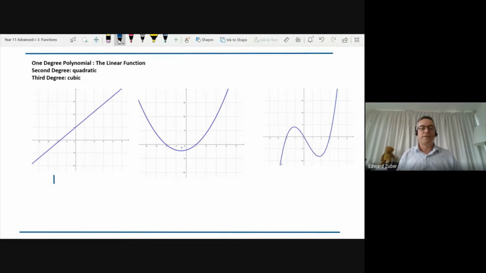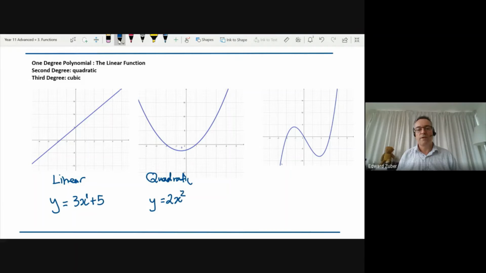So we've met the first three in the family of our polynomials. This is our linear function. So y equals, say for example, 3x plus 5, and it's got a power of 1. We've met our quadratic functions, and these are polynomials in power 2.